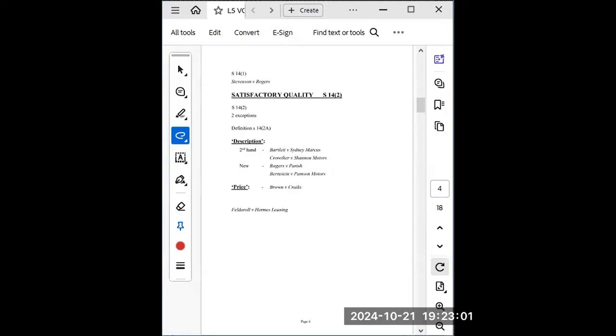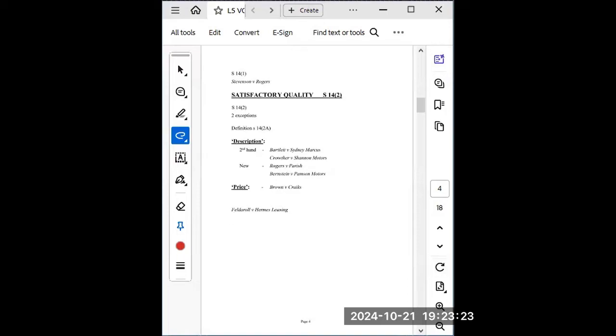It was unsatisfactory, even though it would only cost £1,000 to repair. Sure, the description was second-hand car, but bearing in mind the very high price paid, the court said a reasonable person would not regard the Lamborghini as satisfactory.